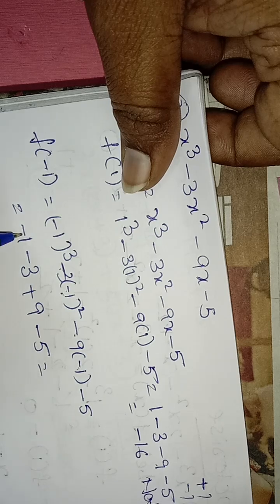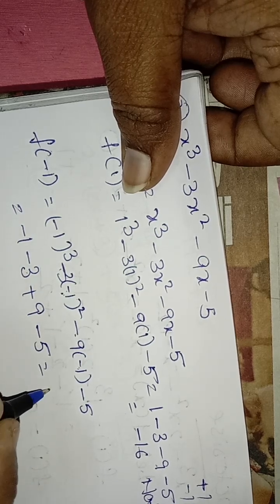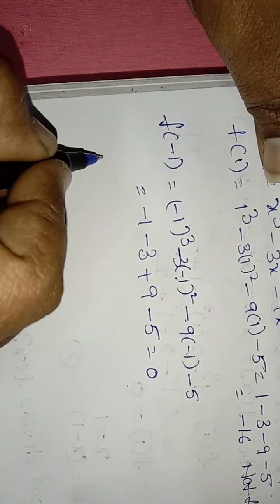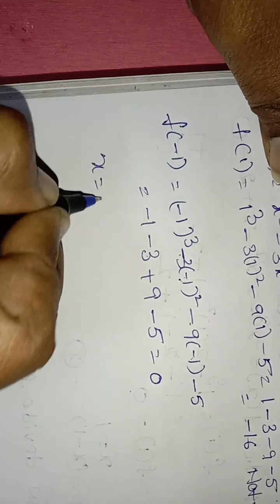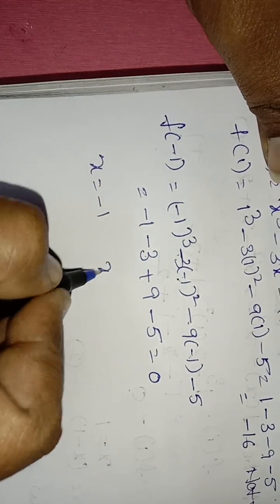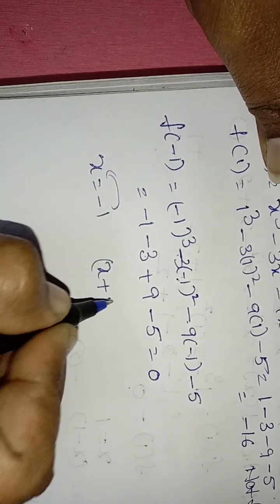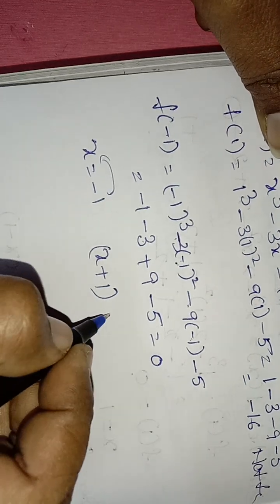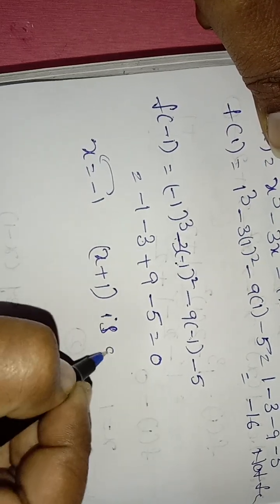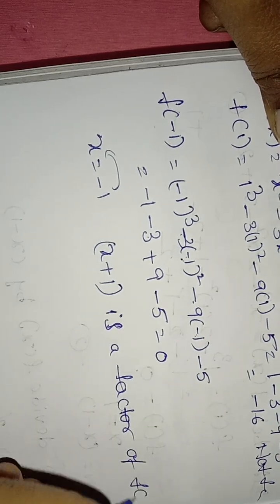Minus 1 minus 3 plus 9 minus 5, so it will become 0. So this is one of the factors, x equals minus 1. We can write x plus 1 is a factor of f of x.